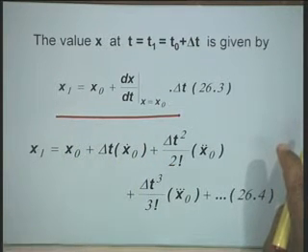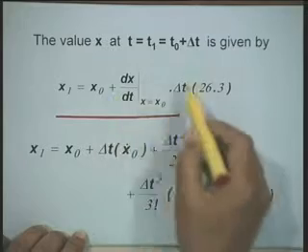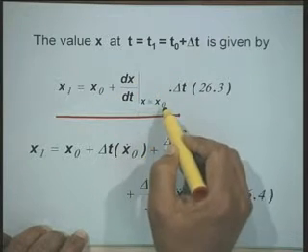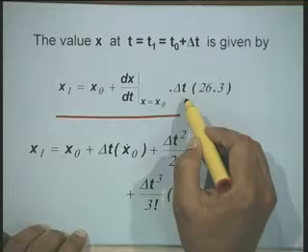That is, you find the slope of the curve at t equal to t naught, that is, x equal to x naught, and then find the delta x, that increment in x when t is changed by time step delta t. Now, this increment is determined by this expression, that is, dx by dt at x equal to x naught into delta t.